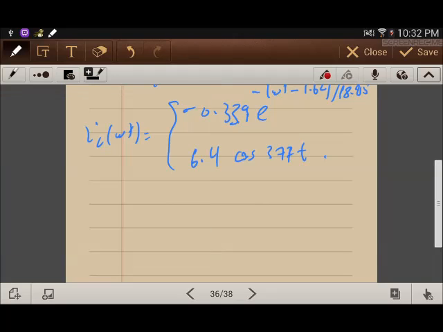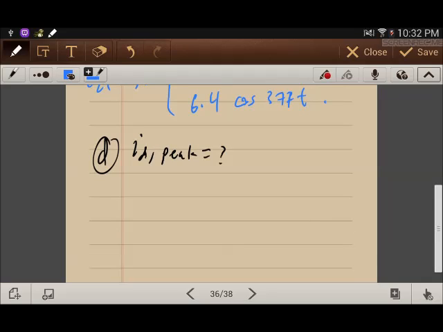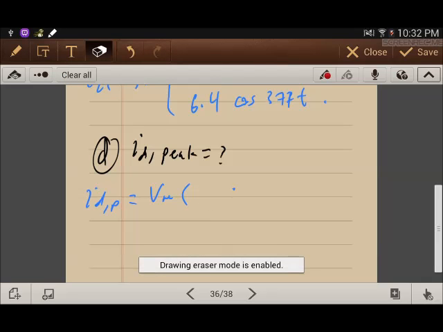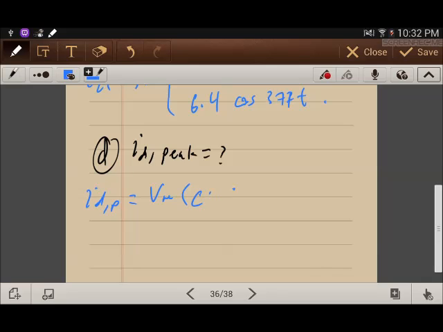Then in D, we have been asked to find the peak current that is flowing through the diode, and this is very important to select the diode characteristic. So ID peak is equal to V maximum cosine alpha times (omega C cosine alpha plus sine alpha over R).